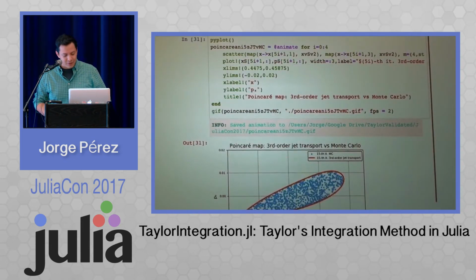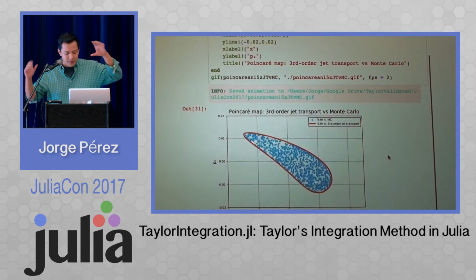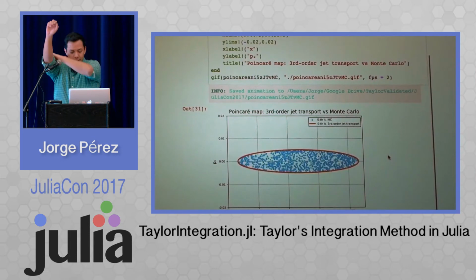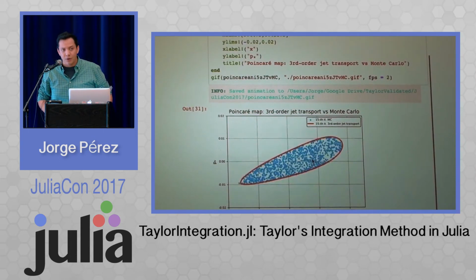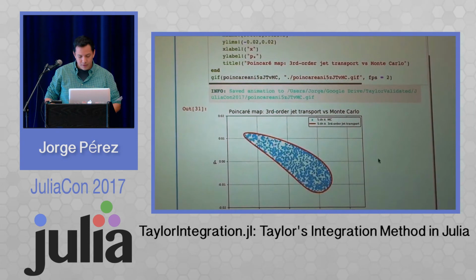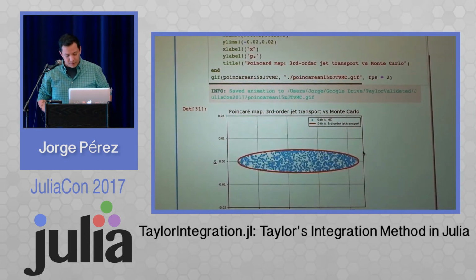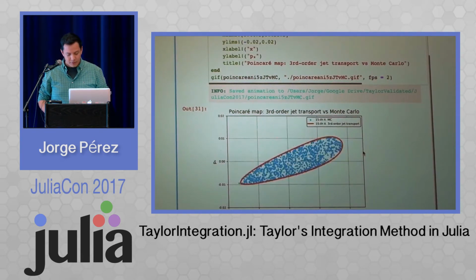So that's again the zoom, but it's using jet transport. Jet transport is the orange line versus the Monte Carlo process, which are the blue dots. So this is a third order jet transport, which is able to reproduce the dynamics around this orbit.